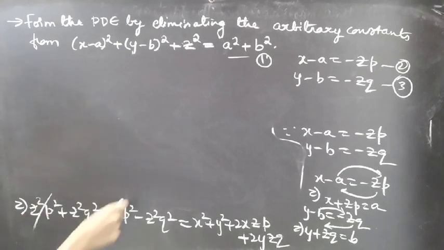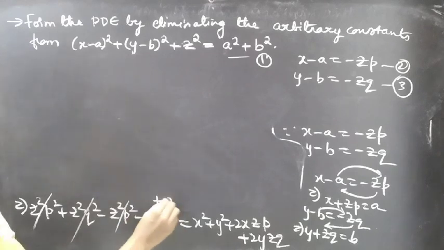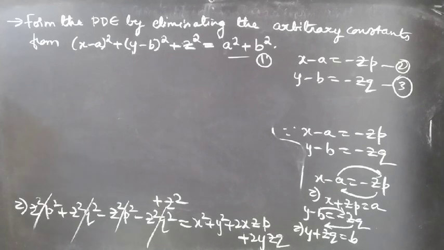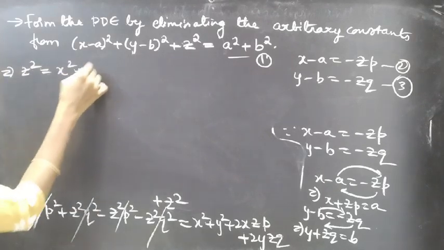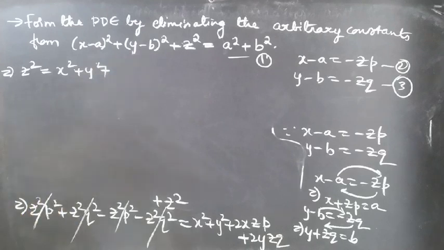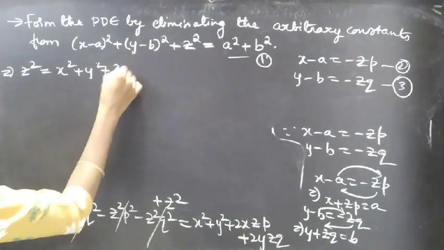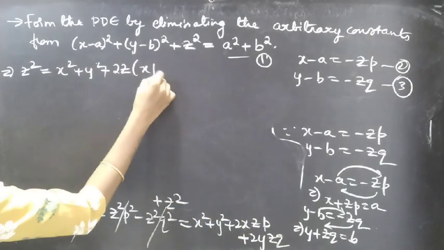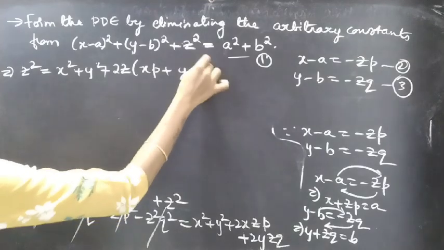Z square p square minus z square p square, z square q square minus z square q square cancel. Here you have one more z square, right, plus z square equal to x square plus y square. This gives us z square equal to x square plus y square plus, you can just take 2z common from these two terms, so I'll get 2z times (xp plus yq).